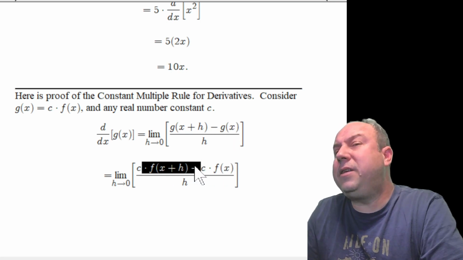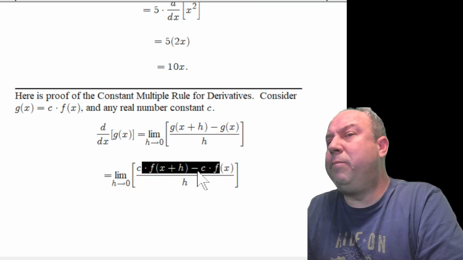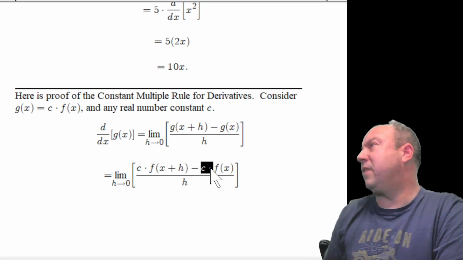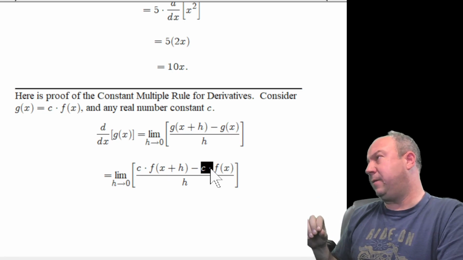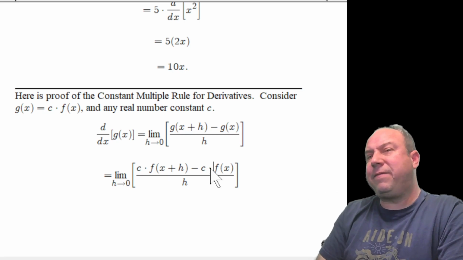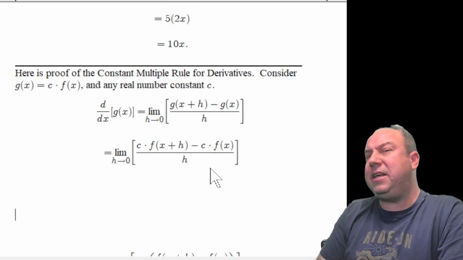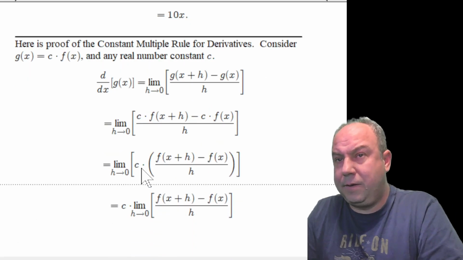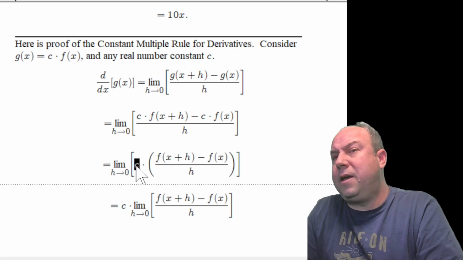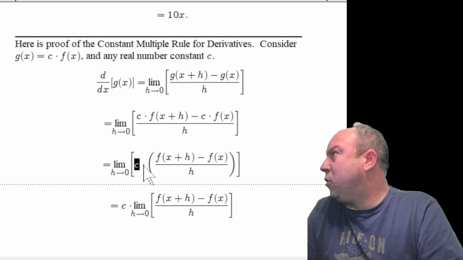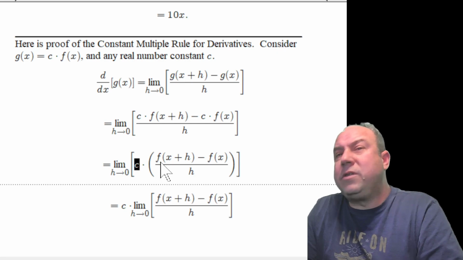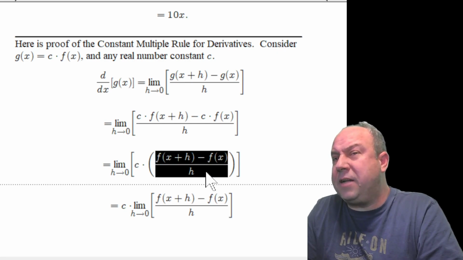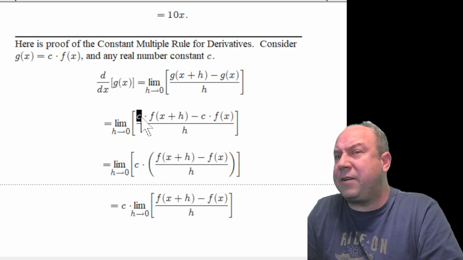So when I think about these two quantities here in the numerator, they both have a common factor of a constant multiple of c. And I can factor that constant multiple of c from both terms in the numerator and write it as the constant multiple times what's now going to be f of x plus h minus f of x divided by h when I factor the c out of each of these terms.